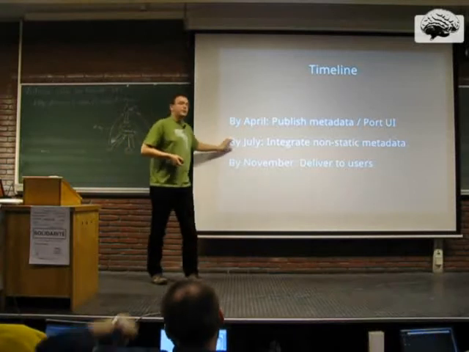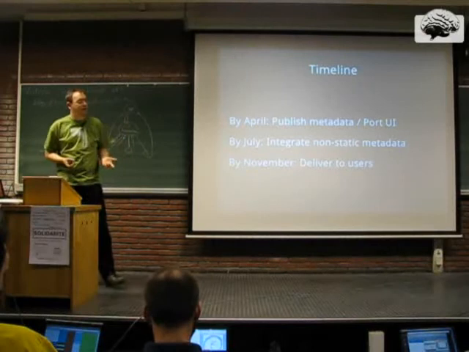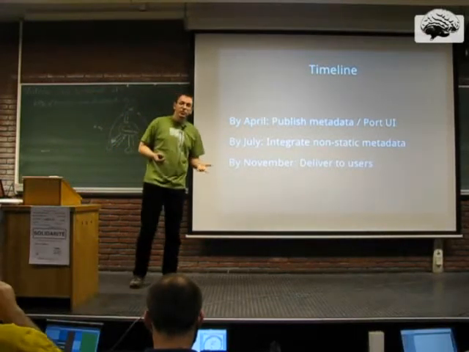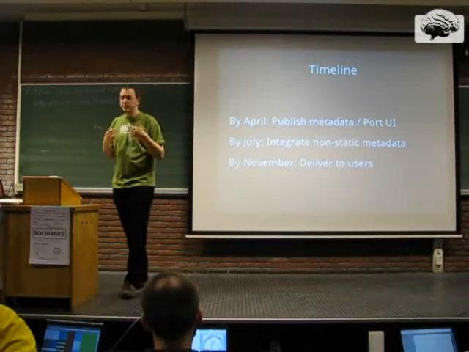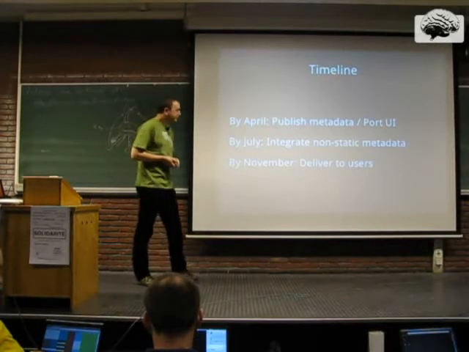This is quite aggressive, but we think it can be done. There's already an OCS server which exists. So we just have to work in each distribution on the infrastructure side to deploy that. And then to also add the features to the software center.